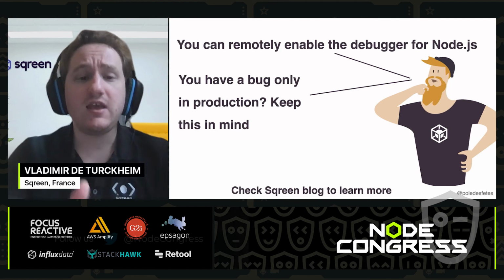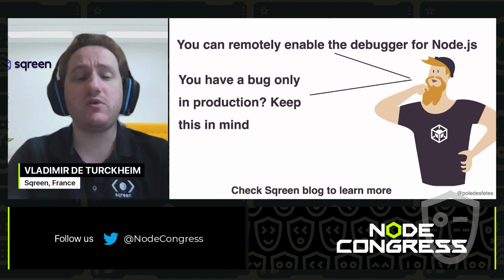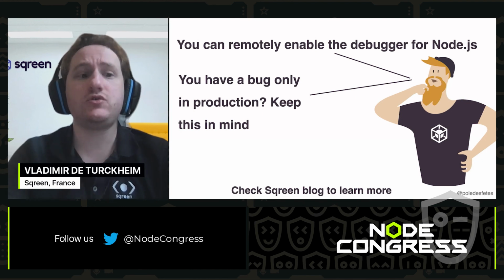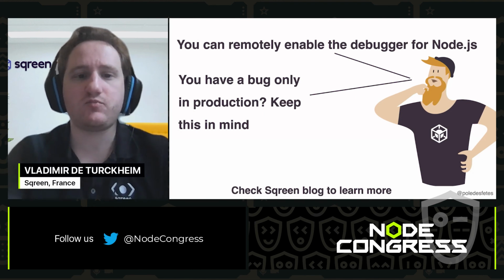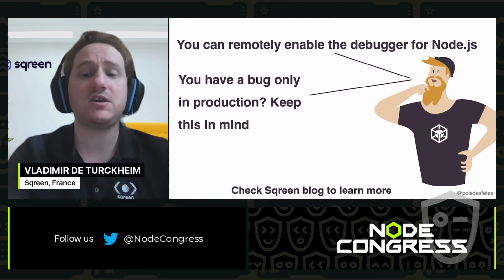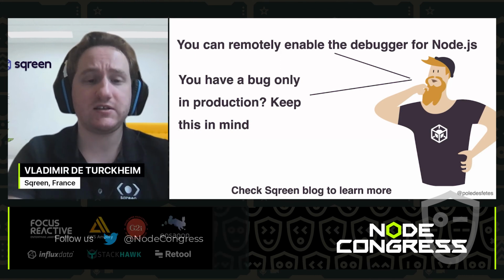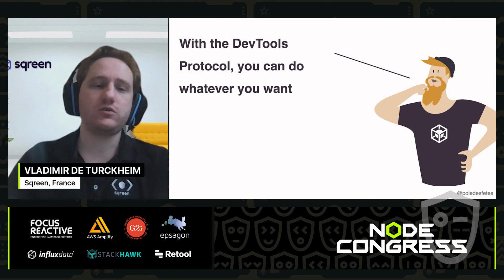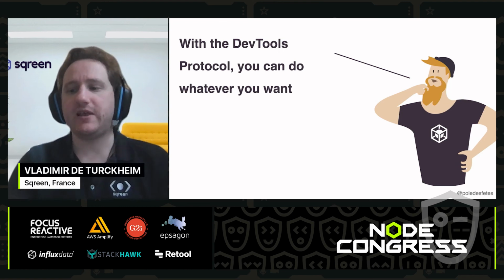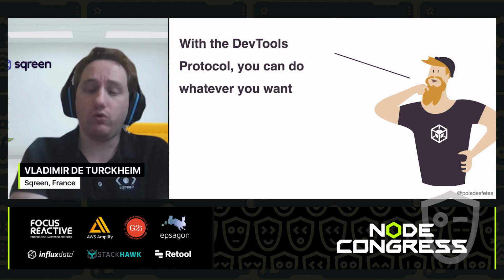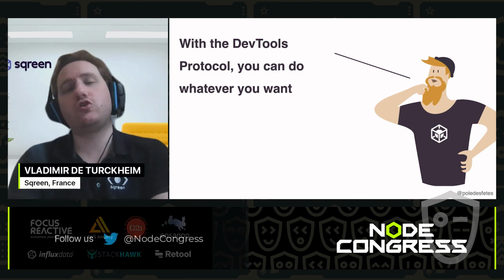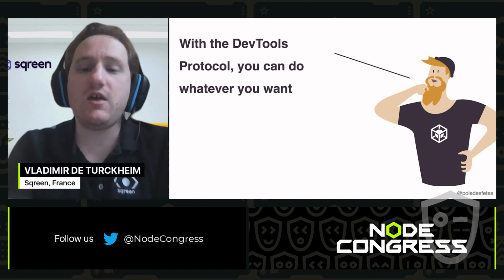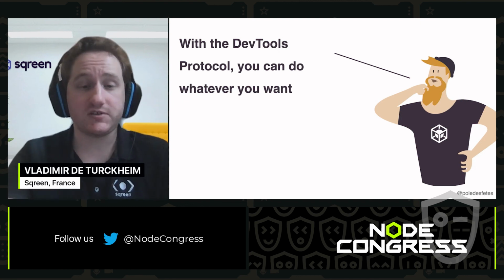So really, it's really useful to debug things when it's hard to change the content of the process, but you still have SSH access to where the process is. With the DevTools protocol, you can do whatever you want. You don't need to be limited by the debugging tools. You can use the DevTools protocol to change pretty much everything within a Node.js process.